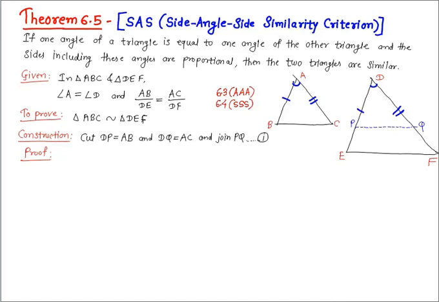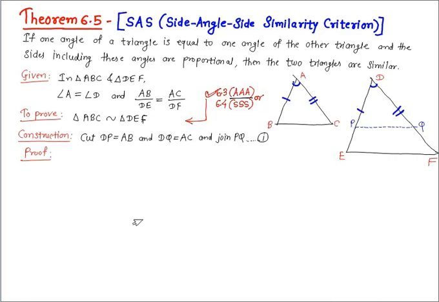So, to prove triangle ABC similar to triangle DEF, we will make use of either of these theorems, either 6.3 or 6.4. Here, I will be using theorem 6.3, which is for angle similarity criteria. So, if we make corresponding angles of triangle ABC equal to triangle DEF, we can use angle similarity criteria and make these two triangles similar.